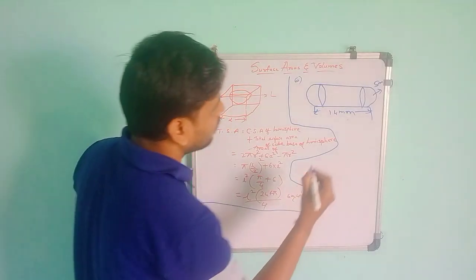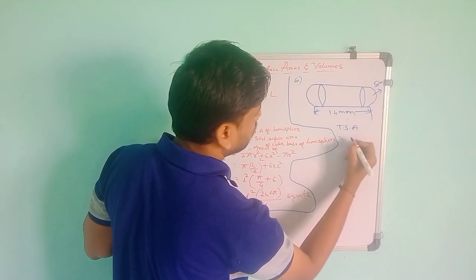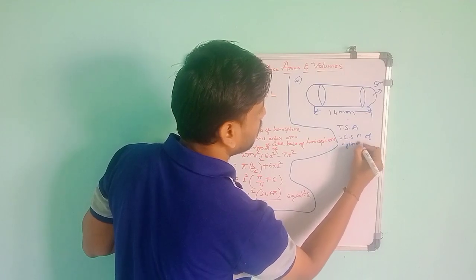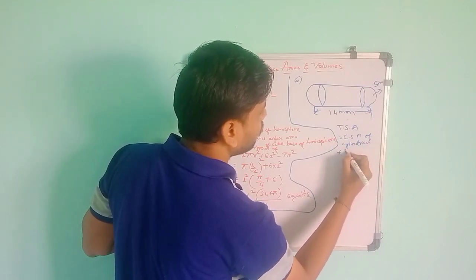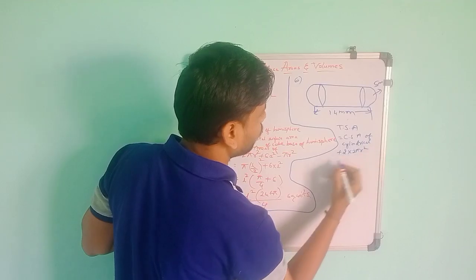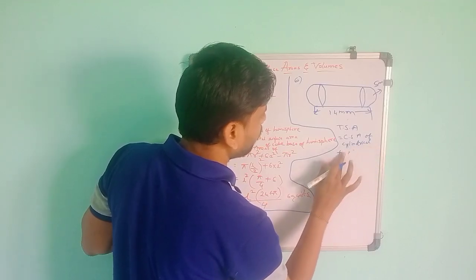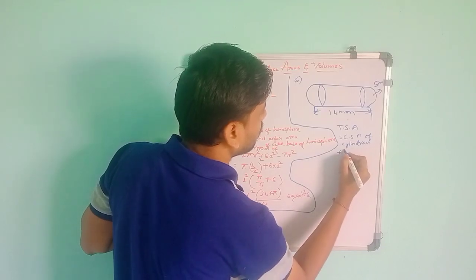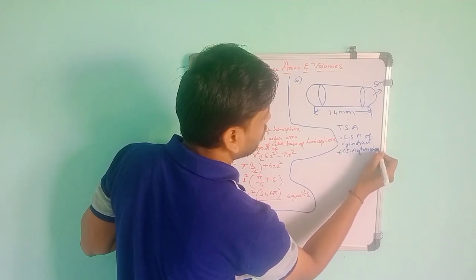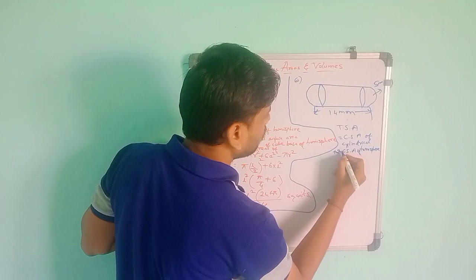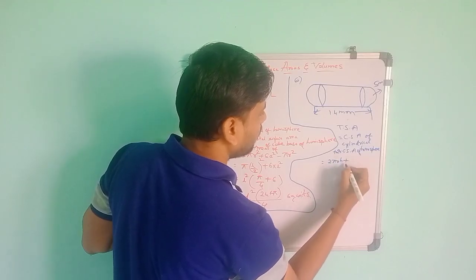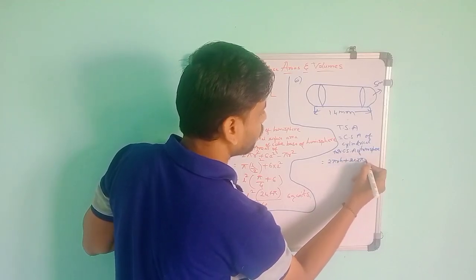So the total surface area will be the curved surface area of the cylinder plus 2 into the curved surface area of the hemisphere. The curved surface of the cylinder is 2 pi r h, and then 2 into 2 pi r square.